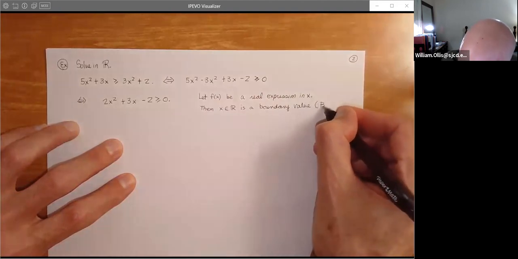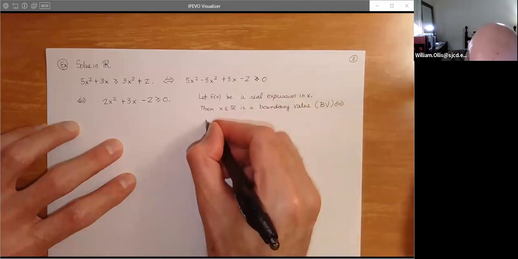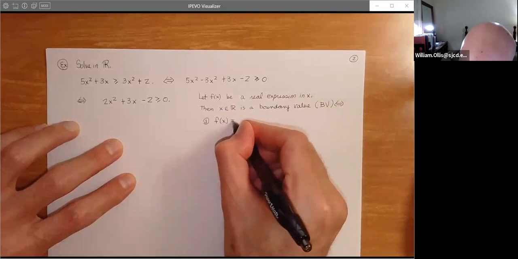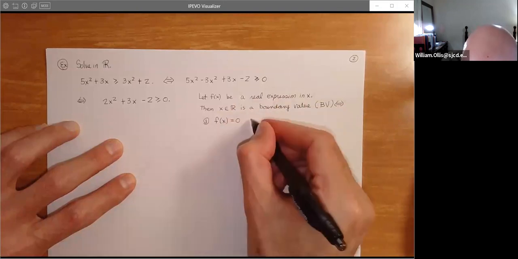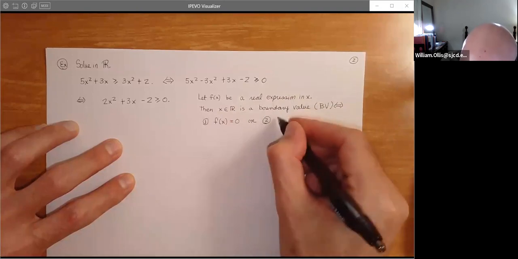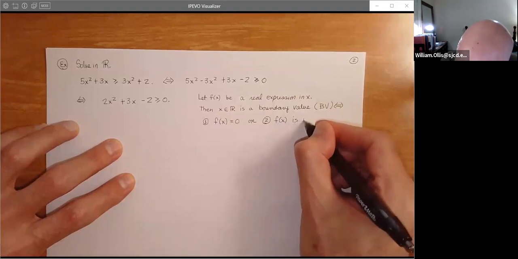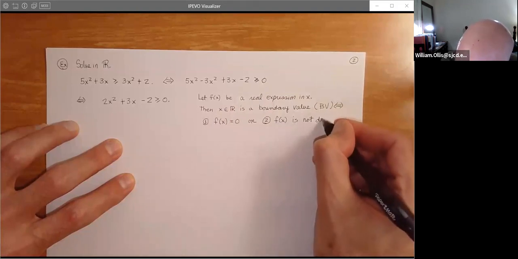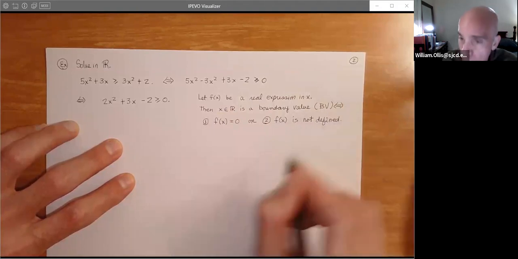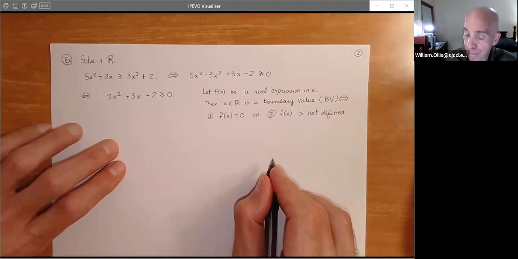Sometimes we just call that BV for short, if and only if number 1, f of x equals 0, or 2, f of x is not defined. And that has to do with asymptotic behavior. That is, the function or expression may become infinite or unbounded.